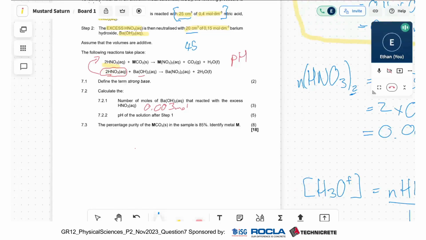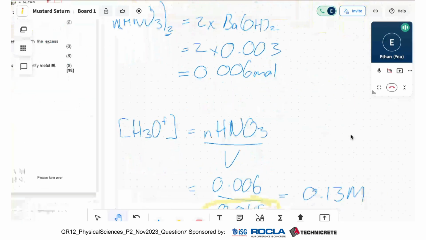And you just have to realize that this is the pH before the barium actually reacts. So before this reaction happens, but it's the pH when all the liquid is in one reaction flask. So I think that's the trickiest part.